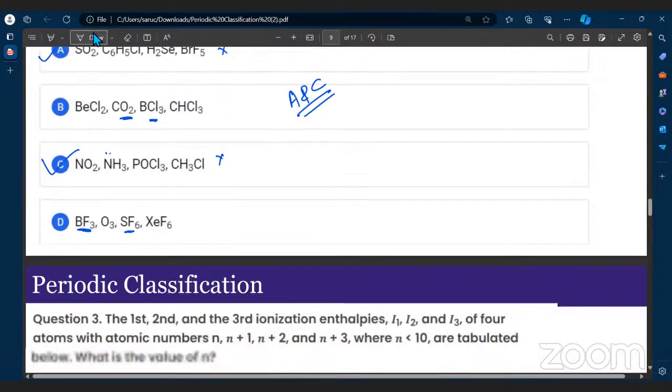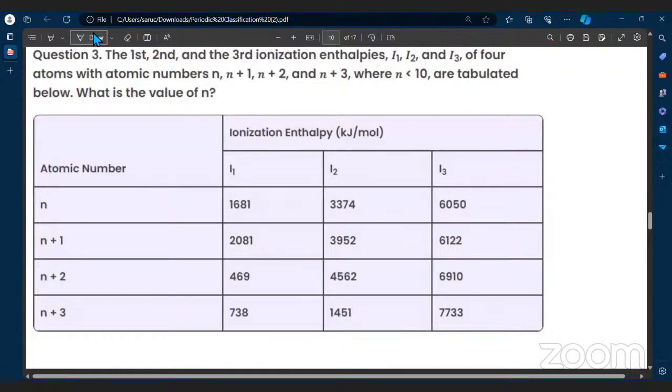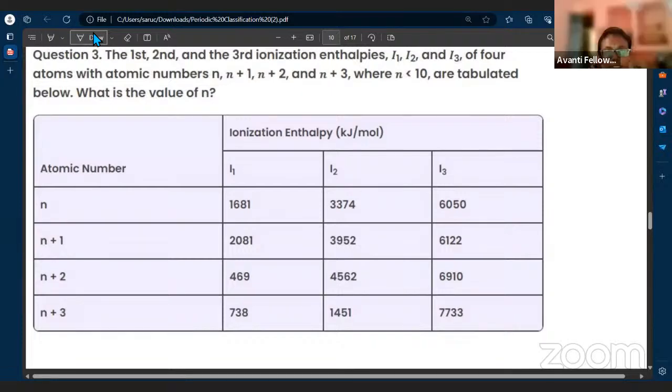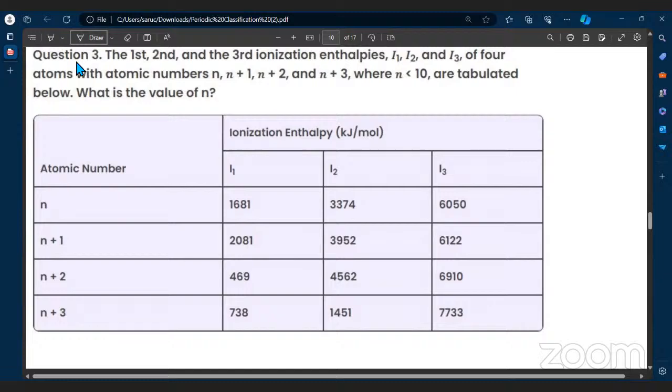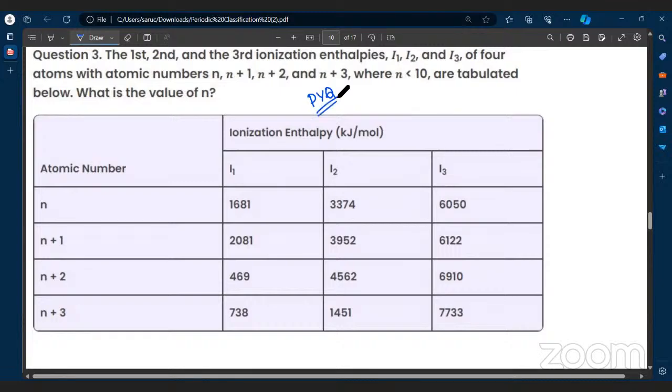Now moving to the next question: the first, second, and third ionization enthalpy of four atoms with atomic numbers n, n plus 1, n plus 2, and n plus 3, where n is less than 10, are tabulated below. What is the value of n? This is a PYQ from the periodic classification unit.